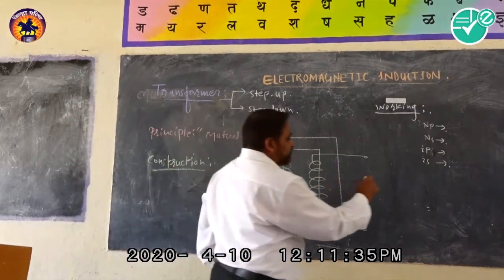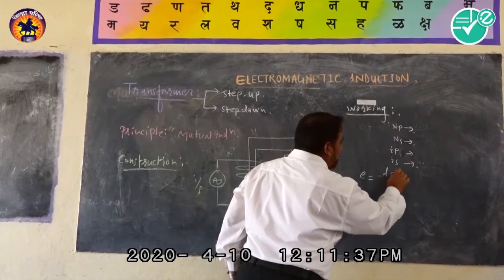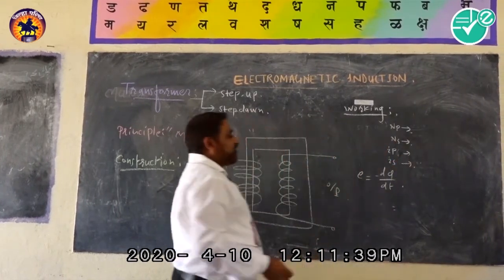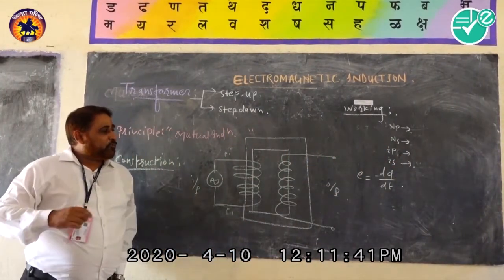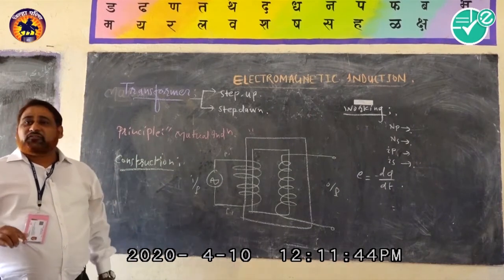With these short abbreviations, we shall go on to the working of this transformer. We are using E is equal to minus d phi by dt, because induced EMF is produced in the coil due to the change in flux.